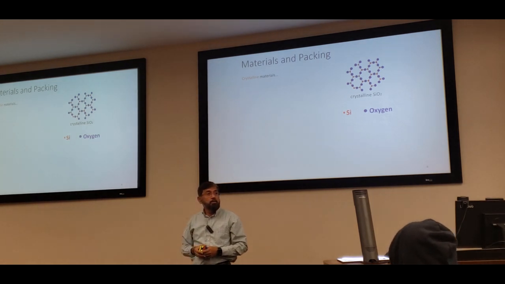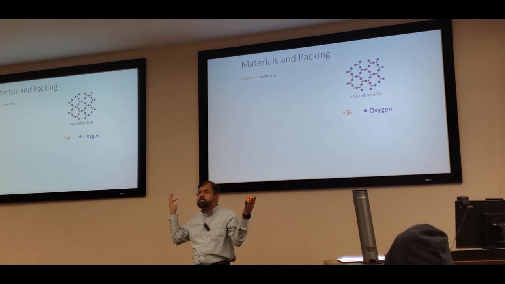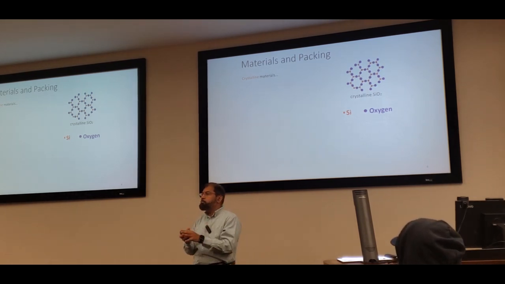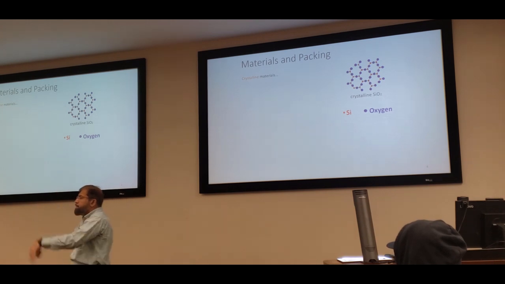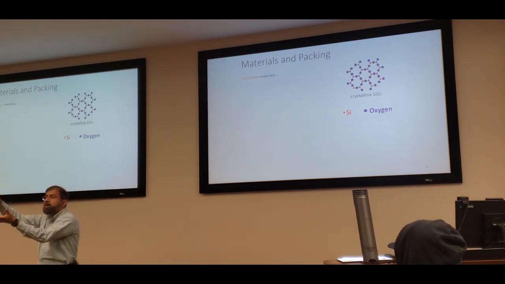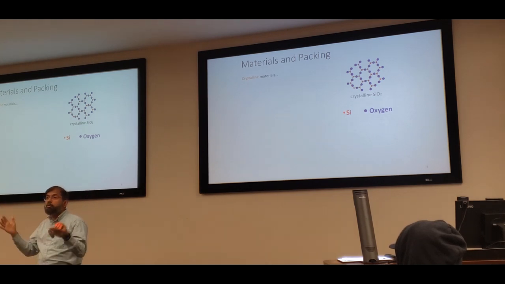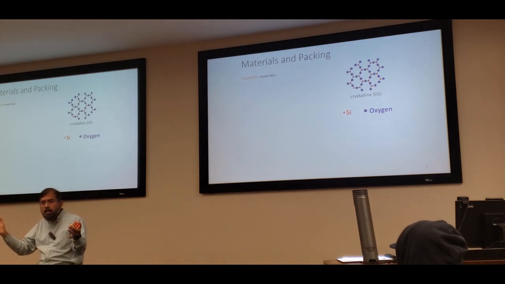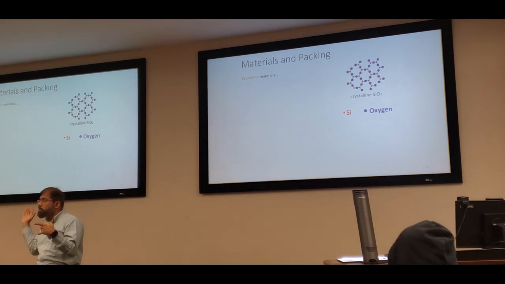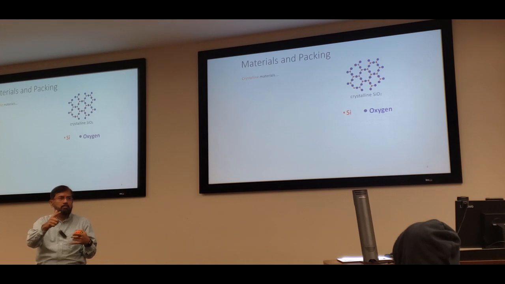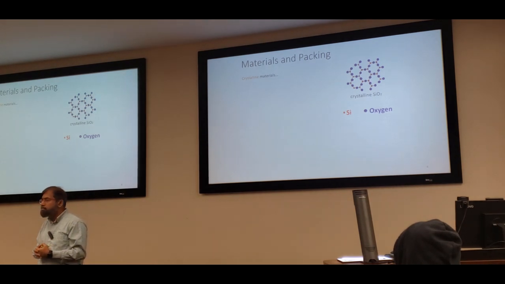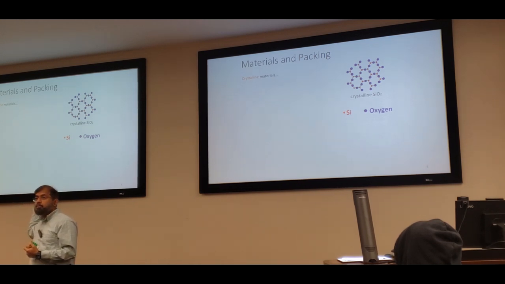Absolutely. You can just imagine that. Putting them one by one will give you a very ordered arrangement, and your packing is much more efficient. And what about the density? Density will be higher. That's what we are going to talk about now.